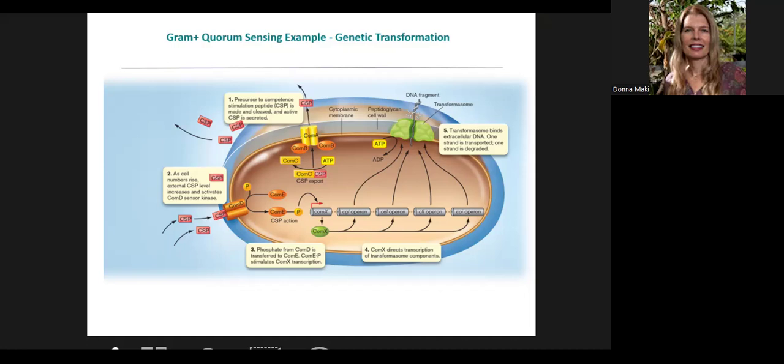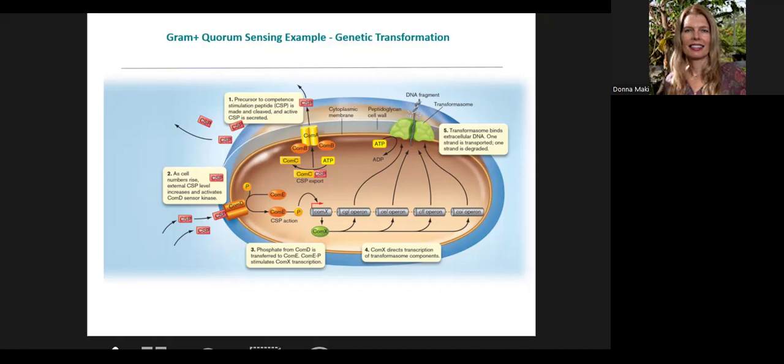It's due to quorum sensing that allows them to do this. All of these CSPs that are floating around, those are the signals that are then docking here. So this is a type of sensor kinase, and then it gives the phosphate to the response regulator, and that alters gene expression. So essentially, that idea is under control of quorum sensing.